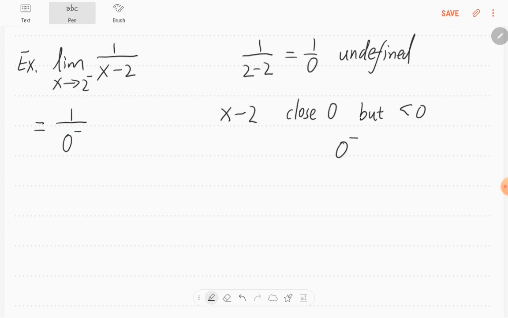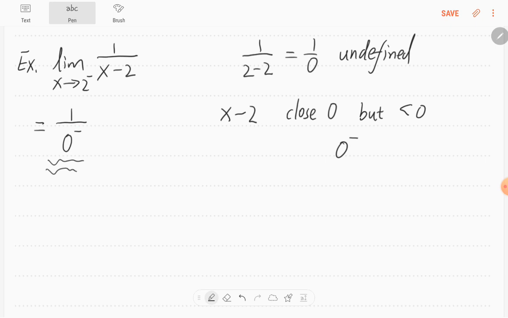We can use this symbol to help you understand, but it's not a very formal way to write this expression. The denominator would be 0 minus, which means it's close to 0, but less than 0.